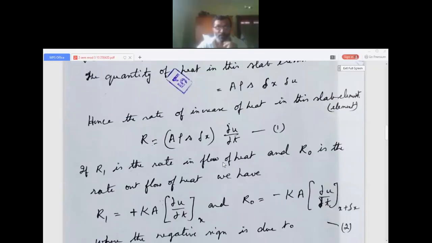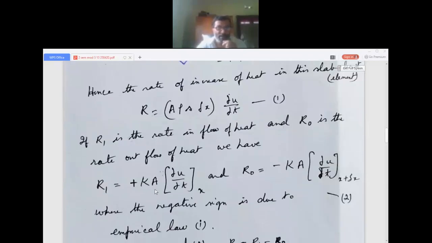Again I repeat, if R1 is the rate of inflow of heat and R0 is the rate of outflow of heat, we have R1 equals K into A into dou U by dou x at the point x.